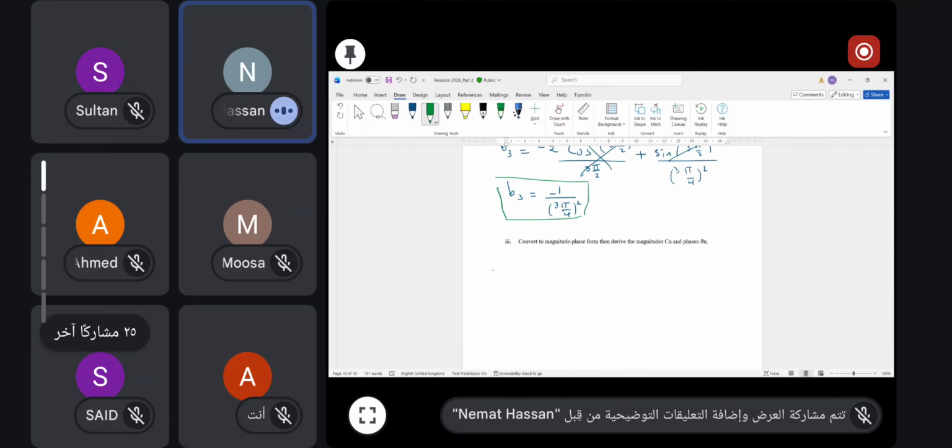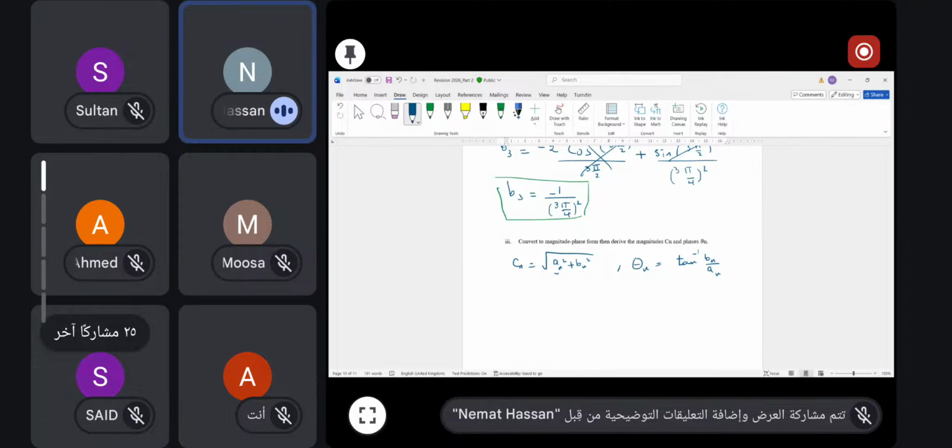So this is the formula: C of n is equal to square root of A of n squared plus B of n squared. And theta of n is equal to tan inverse of B of n over A of n, right? We have these formulas and they're available in the formula sheet as well.